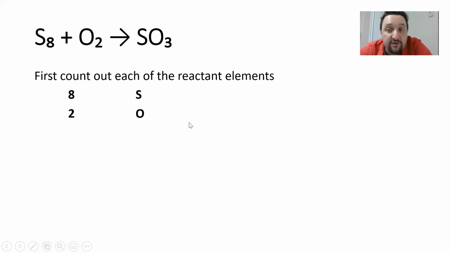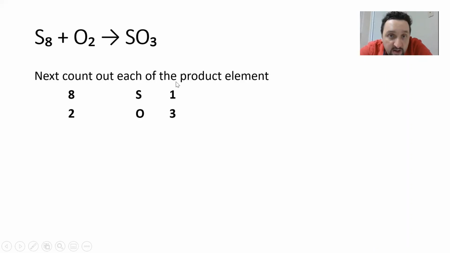Now, sulfur and oxygen creating sulfur trioxide. 8 sulfurs, 2 oxygens, and on the other side, 1 sulfur, 3 oxygens. How am I going to do this? Okay, well, to balance out the sulfur, I'm going to have to multiply that by 8.